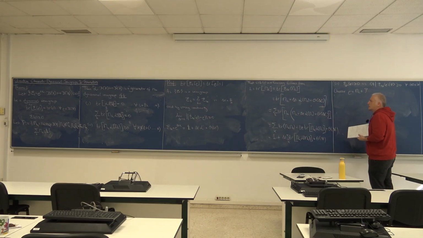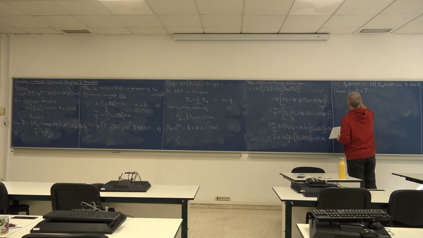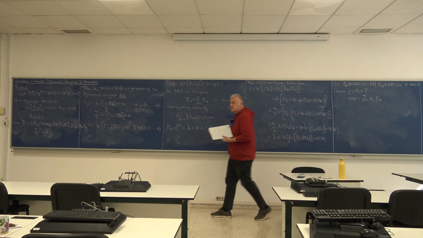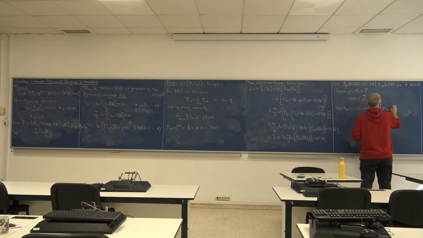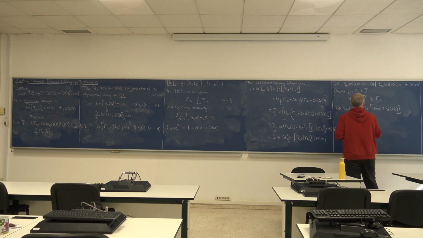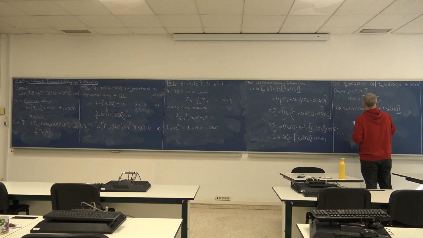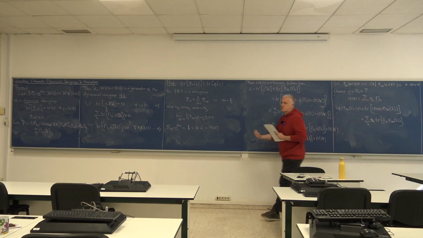Since that set is complete, I can also write phi in that sense, right? Which means that I can write this. These are positive because rho is positive, right?